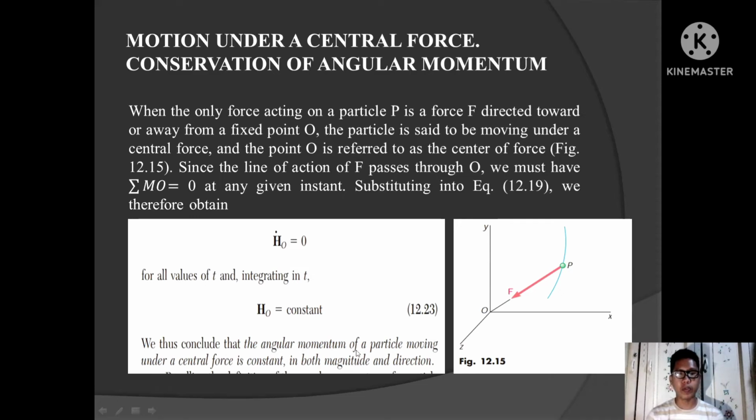So we conclude that the angular momentum of a particle moving under a central force is constant in both magnitude and direction. That is what I said earlier, that the conservation of angular momentum is constant in both magnitude and direction. So that's the conservation of angular momentum.